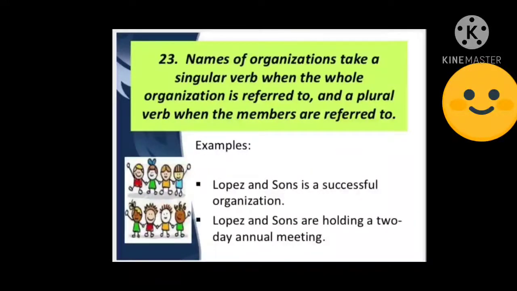If you are taking that as a whole, as a singular organization, an individual organization, then we go with a singular verb. Lopez and Sons is a successful organization. If you think that those are two separate entities or organizations, then are holding a 2-day annual meeting.